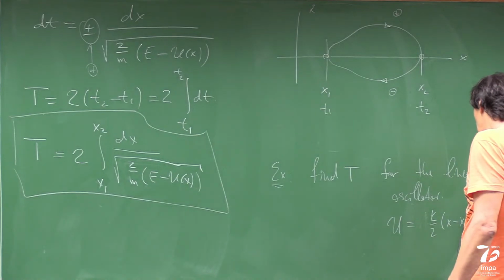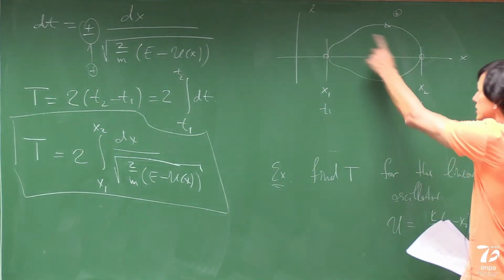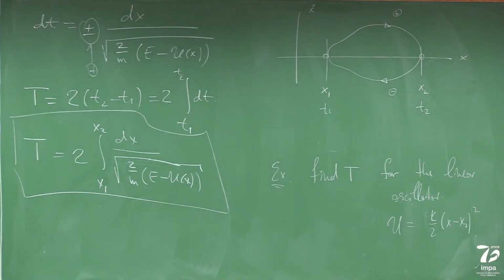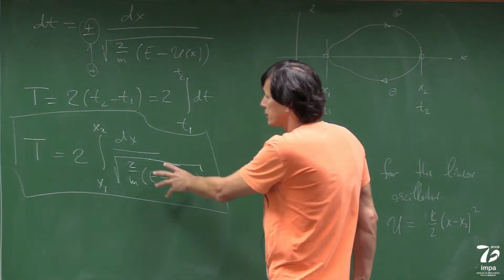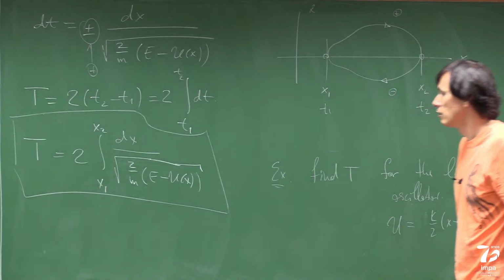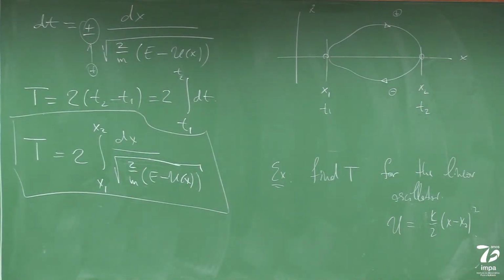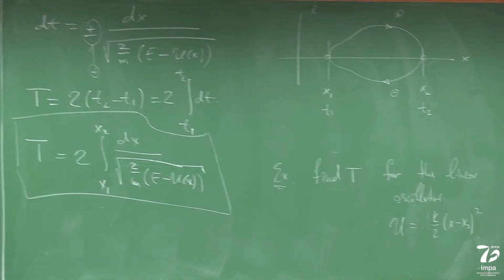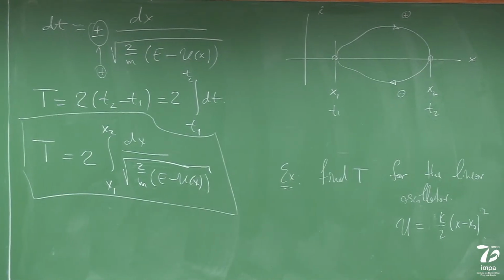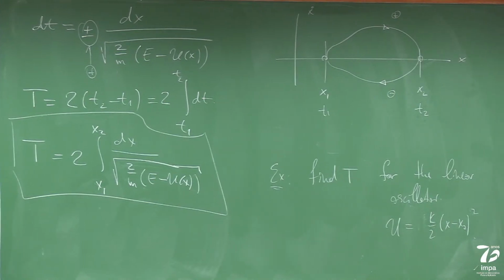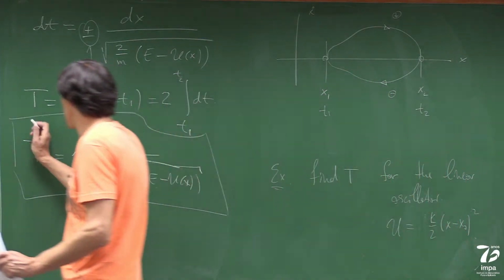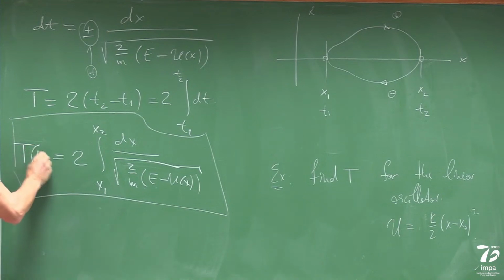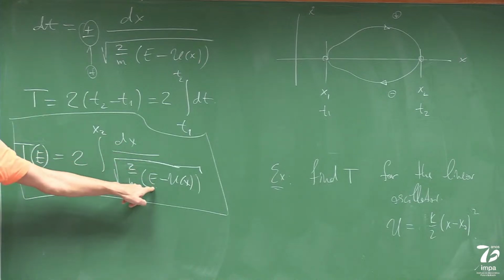So you can take the linear oscillator where the curve is exactly an ellipse and just find what the period will be. You have to substitute it here. There will be some sophisticated integral, but then either you did calculus very well and you know how to take it, or you just take a table and find the value with some modifications, and then you find the period. So you find the period depending on energy. Essentially the final formula is how the period depends on energy. So whenever you have initial conditions, you compute energy, put it here, and the integral gives you the period.